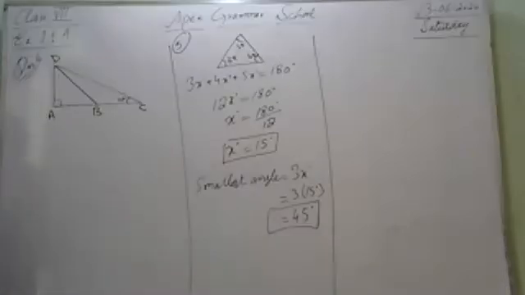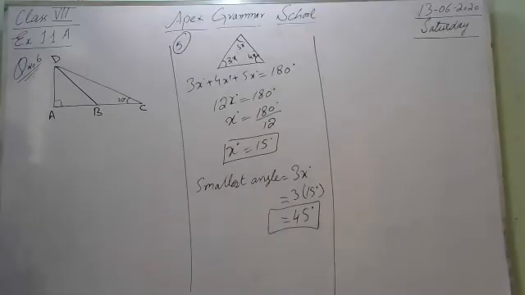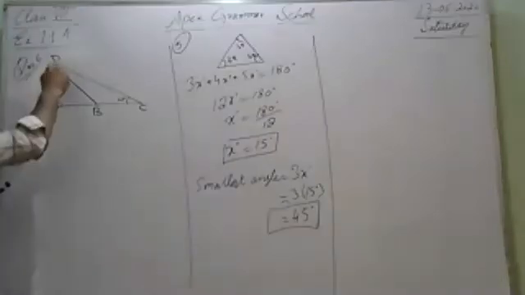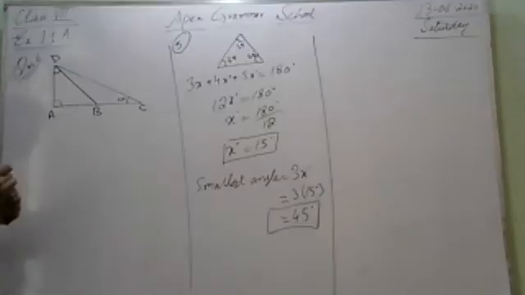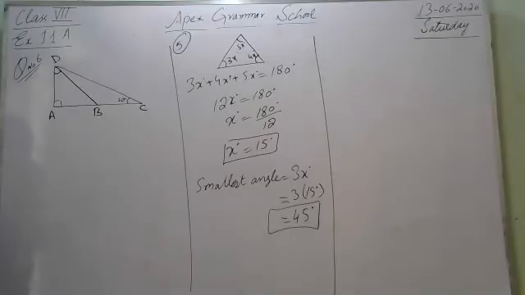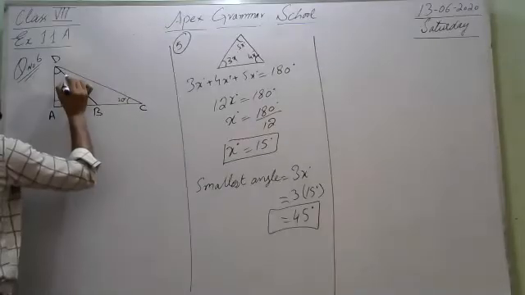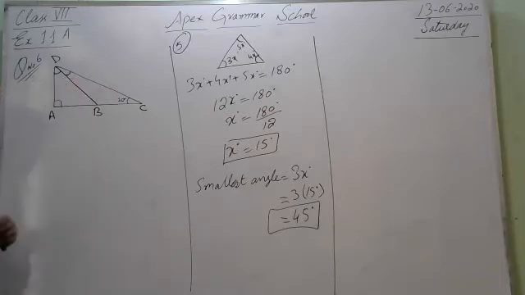Question number 6 is, in the given figure ABC is a straight line, given that angle ADB, this angle, and next BDC, this angle, are equal.